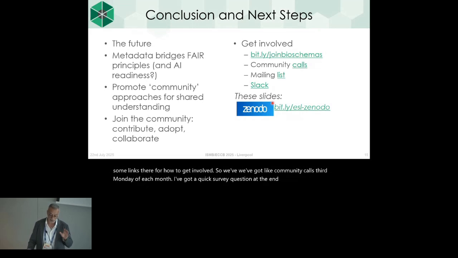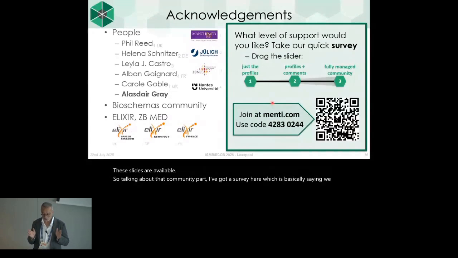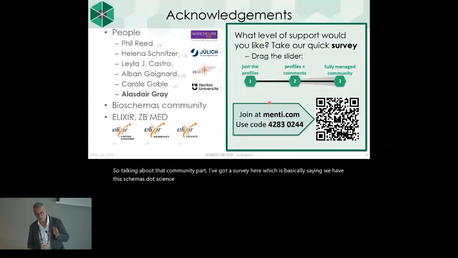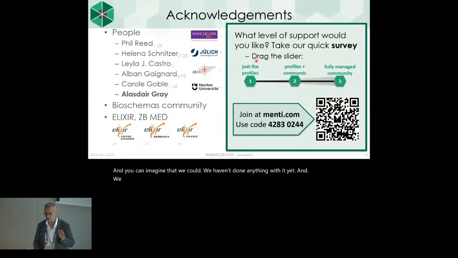So talking about that community part, I've got a survey here, which is basically saying we have this schemas.science site, and you can imagine that we haven't done anything with it yet, and we could do different things. At the moment, we're planning to just host profiles there.